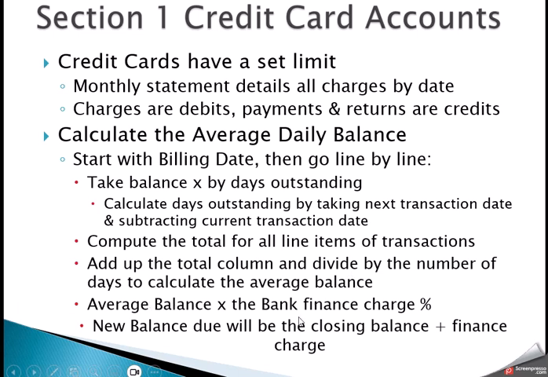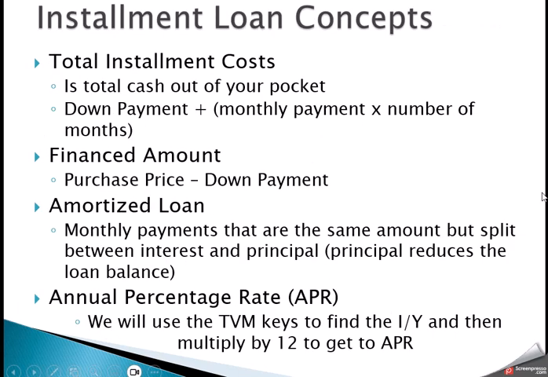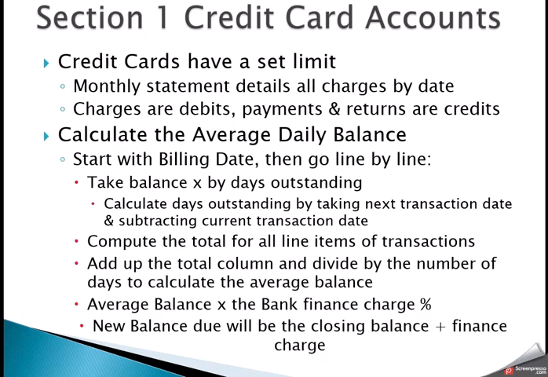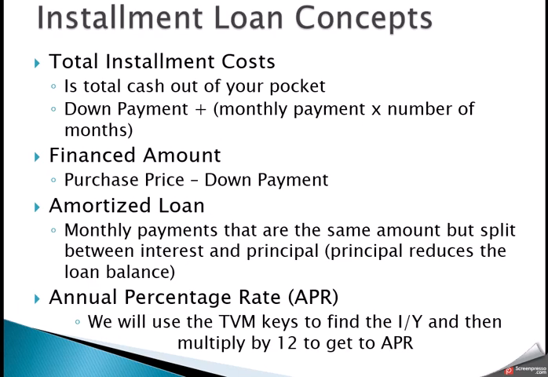Then that average balance times the percentage that the bank is charging us gives us our finance charge. And then we add that to our ending balance to figure out how much we actually owe the bank. Again, look in your book for examples or in my notes and my in-class exercises, because I set up a nice little table to do that.